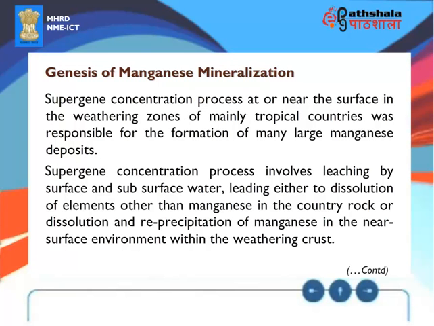Supergene concentration process at or near the surface in the weathering zones of mainly tropical countries was responsible for the formation of many large manganese deposits. Supergene concentration process involves leaching by surface and subsurface water, leading either to dissolution of elements other than manganese in the country rock, or dissolution and reprecipitation of manganese in the near surface environment within the weathering crust.